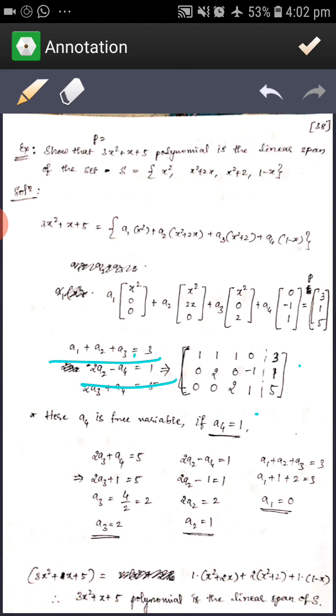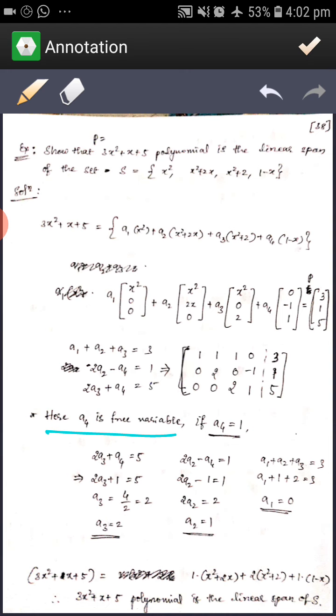The second, 2A2 minus A4 is equal to 1, and the third equation, 2A3 plus A4 is equal to 5. So the A4 will cancel if we add these two. Because of that, it is telling that A4 is the free variable.